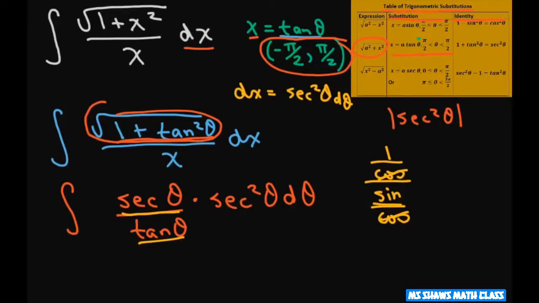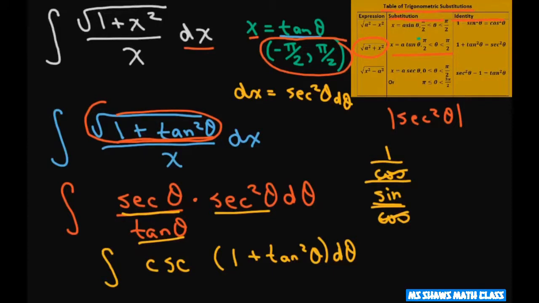So this part's just going to be cosecant theta. Then you have this, and secant squared theta is really 1 plus tan squared theta, d theta.